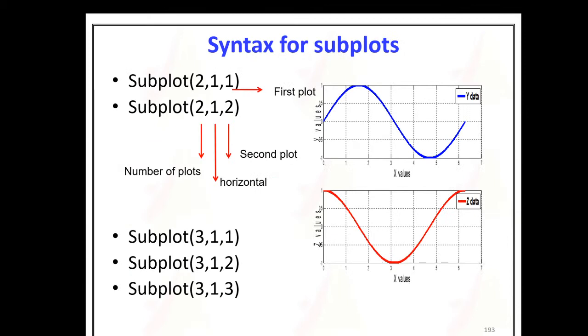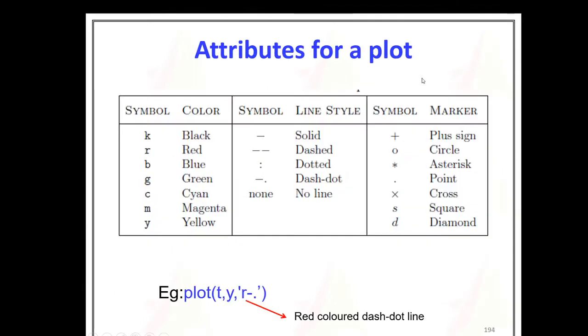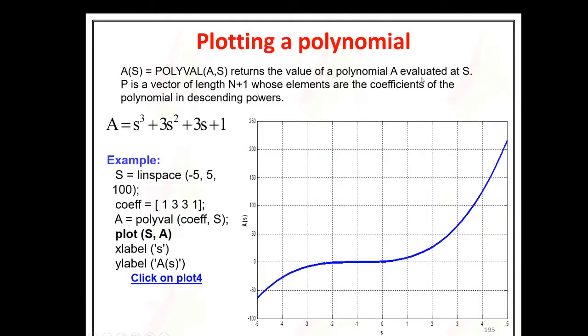Then the syntax for the subplots, I already told this one, and the attributes for the plots we already discussed, and now we are plotting a polynomial. You can see polyval is the function that returns the value of the polynomial evaluated at s.